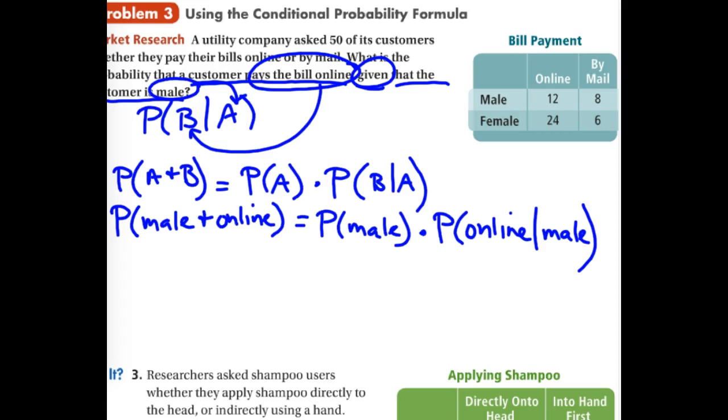From the table, we're going to have to do some totaling. How many total males are there? 20? So the probability they are male would be 20 out of how many customers total? 50. So the probability they are male would be 20 out of 50.